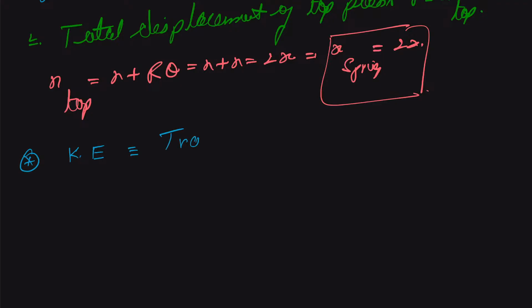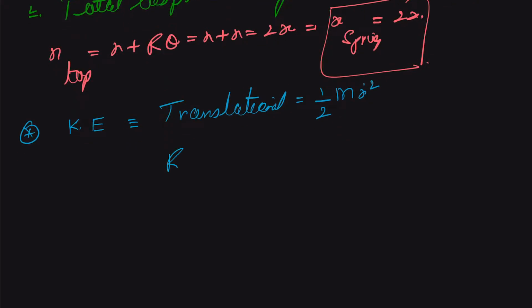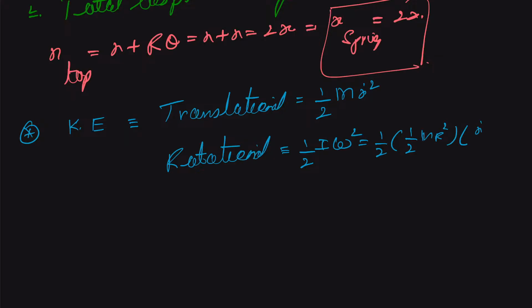One will be a translational, which is equal to half m x derivative square, and we have a rotational, which will be equal to half I omega square, giving us half times 1 by 2 m r square, and omega will be x derivative divided by r and its whole square.